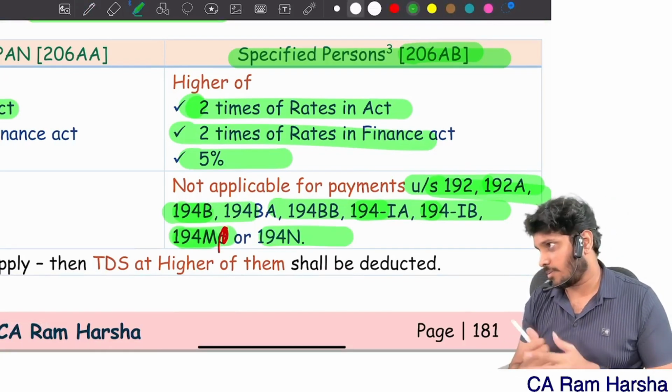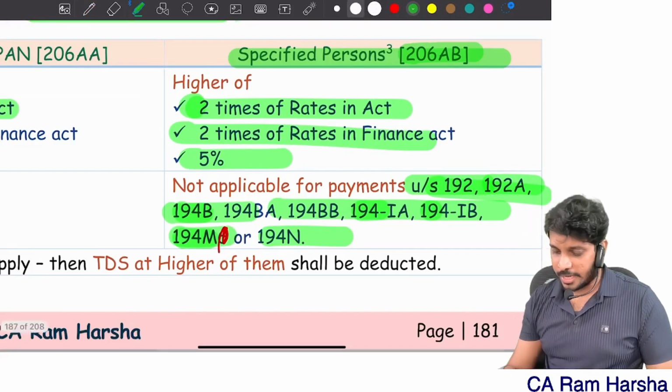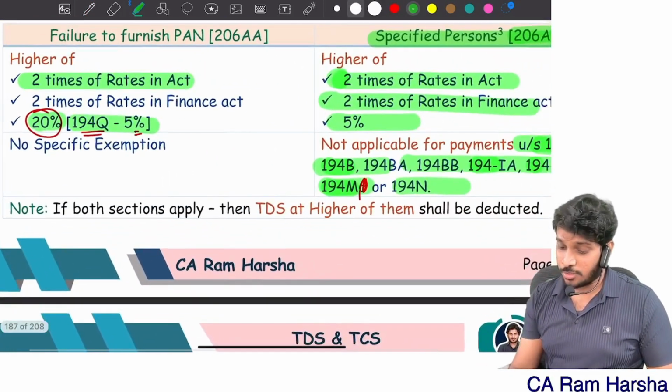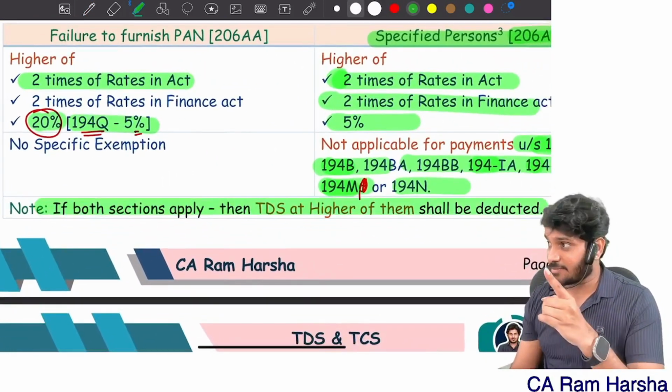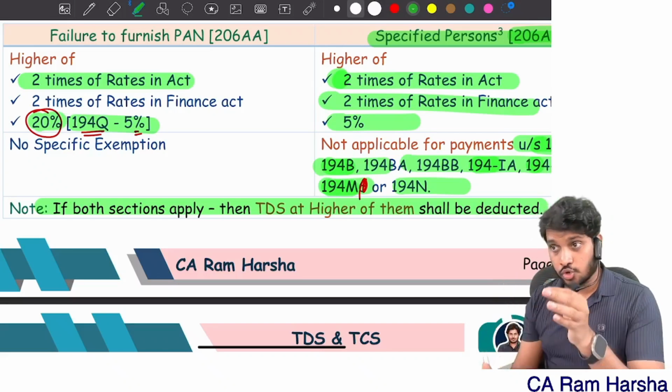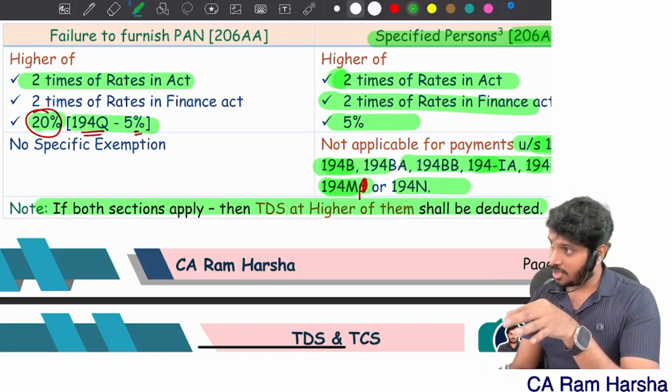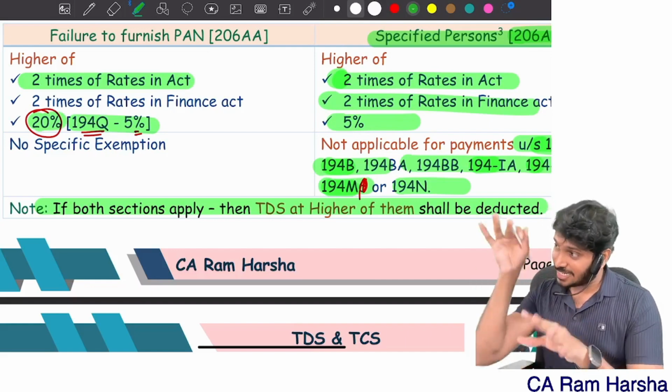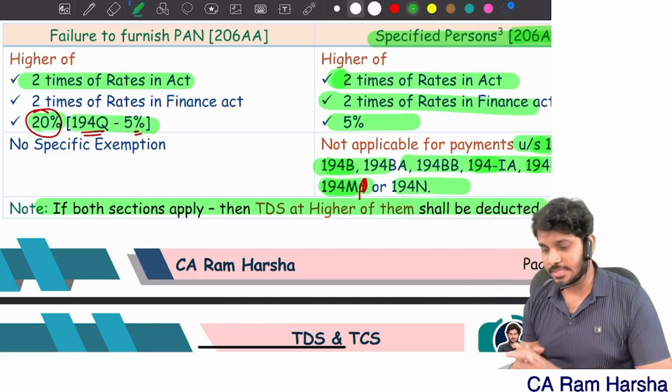Are you clear? Easy or not? That's it. Suppose both these sections apply, the higher will be applicable. In TCS also 206CC, 206CCA, if both are applicable, whichever is higher, that rate you will collect. That's it. Clear all of you?